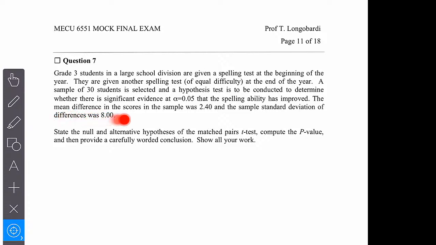The mean difference in scores in the sample was 2.4, and the sample standard deviation was 8. So these are sample results. Those are not population results.